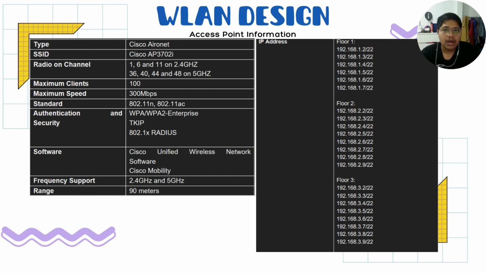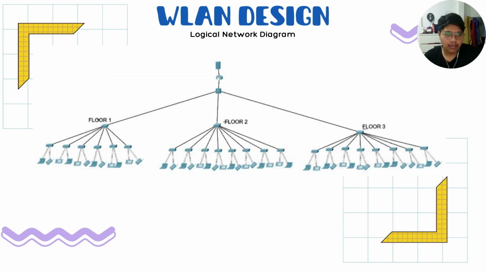Okay, now for the IP address. For floor 1, we use the default gateway 192.168.1.1. For floor 2, 192.168.2.1. And floor 3, 192.168.3.1. On floor 1, we have 6 APs. Floor 2 and floor 3, we have 8 APs.